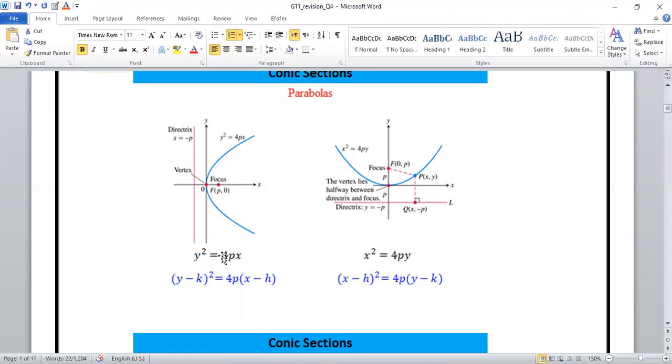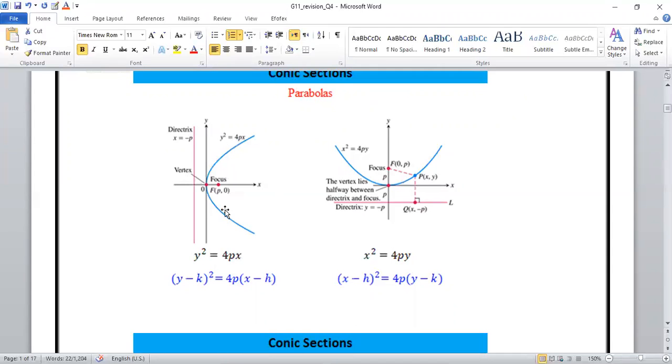In the case y squared equals 4bx, the directrix is perpendicular to the x-axis. In the case x squared equals 4by, the directrix is perpendicular to the y-axis. b refers to the distance from the vertex to the focus. Again, any parabola has a directrix, vertex, and focus. The distance from the vertex to the focus equals the distance from the vertex to the directrix, which equals b.